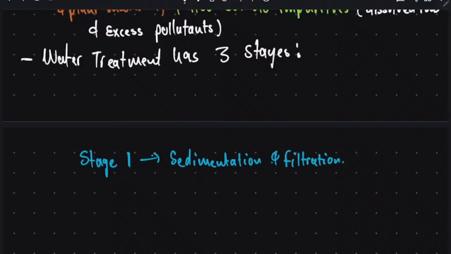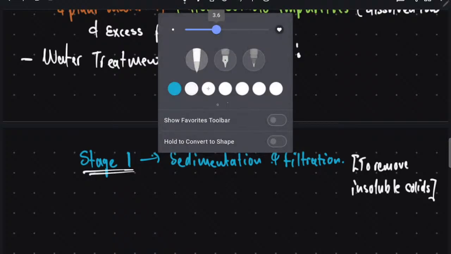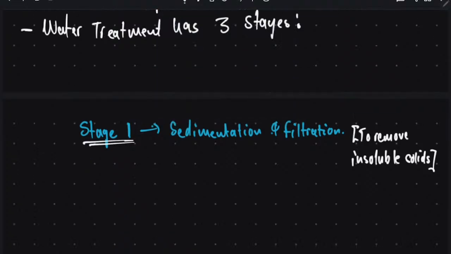This is the easy one. What it does is to remove the insoluble solids in the water. So, stage 1, the sedimentation, is to remove insoluble solids.